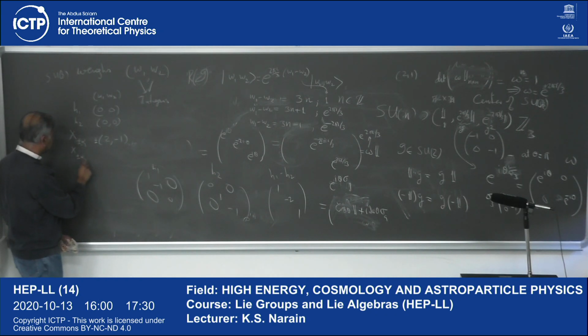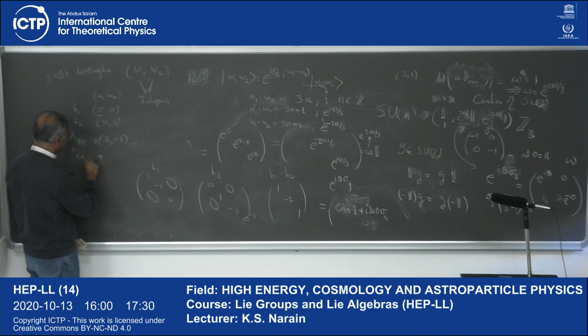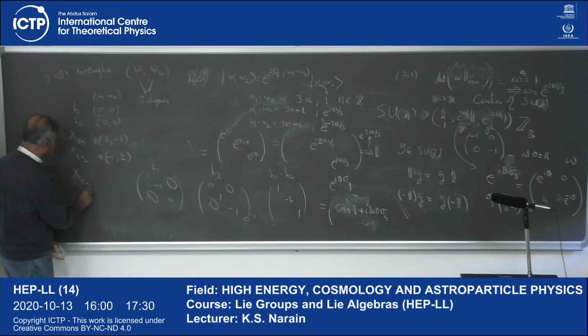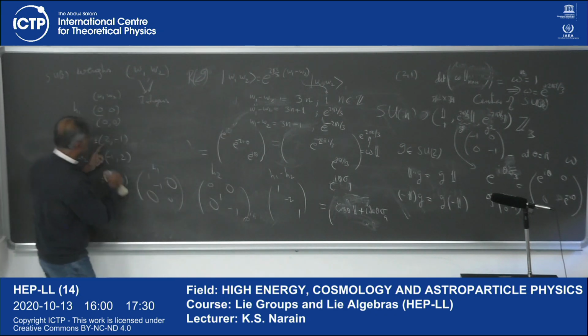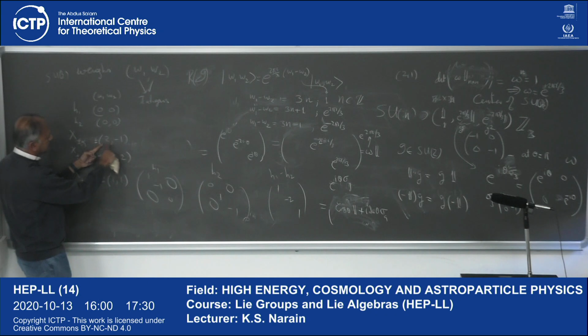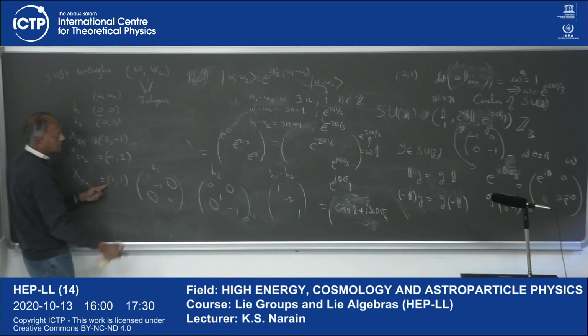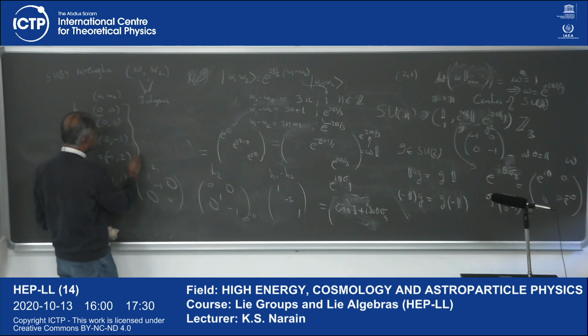X plus or minus alpha 2 was plus or minus (minus 1, 2), and X plus or minus alpha 3 is plus or minus (1, 1). These were the roots. So all of them are in this class. W1 minus W2, 2 minus minus 1, is 3. Same thing here, minus 1 minus 2 is minus 3. And here 1 minus 1 is 0. So all of these are in this class.